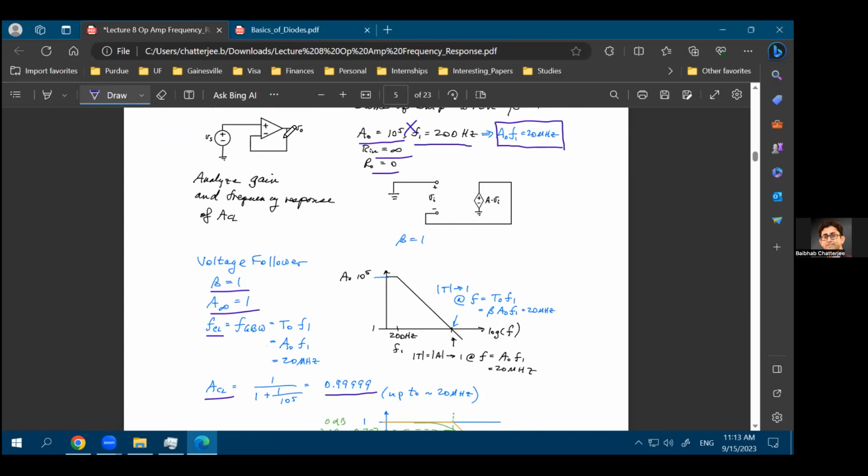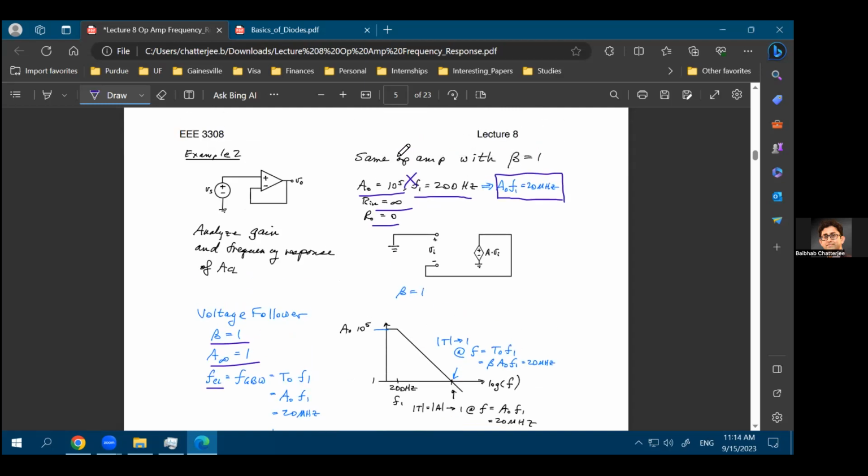Now in the closed loop scenario, we are saying that our gain has become exactly equal to 1. So what would be our bandwidth? Our bandwidth will be, yes. Sorry, I didn't get it. 1 multiplied with 20 megahertz, yes. Yeah. So, bandwidth will be exactly equal to 20 megahertz.